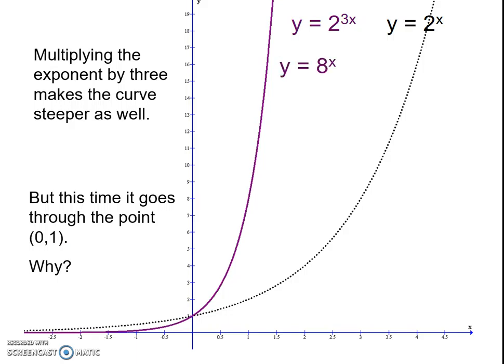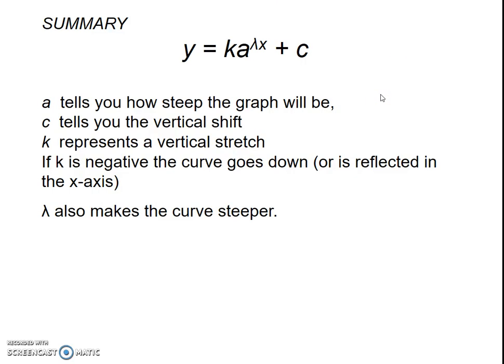The other thing you've got to notice is 2 to the 3x is 2 cubed to the power x, so this is 8 to the power x. So you can use the same rules as you did before. And for those of you who know about the number e, this is how you can transform also into the number e. So that's a little summary of how all the different factors work.